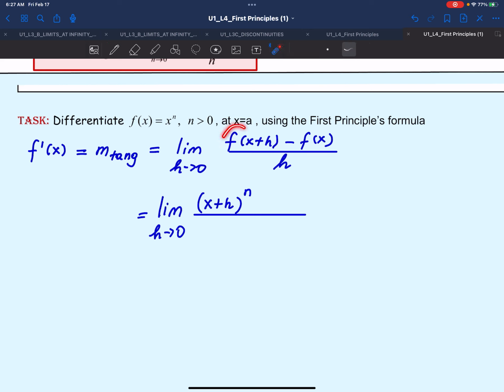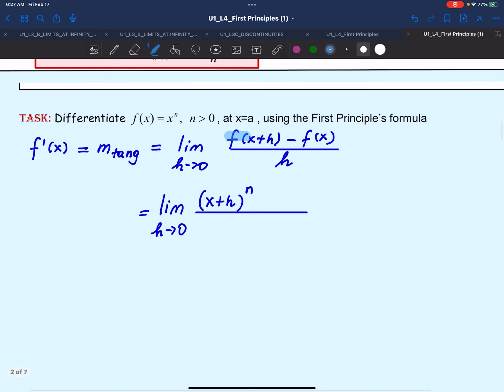This would be f of x plus h. Since f of x is x to the power of n, the x value in the function is replaced by x plus h. So let's make a point by highlighting this: f of x plus h is x plus h to the power of n.